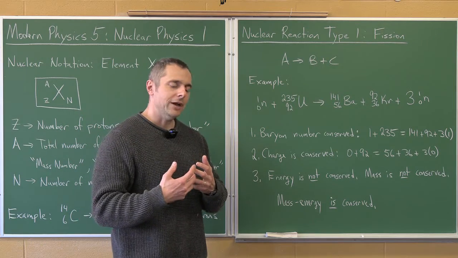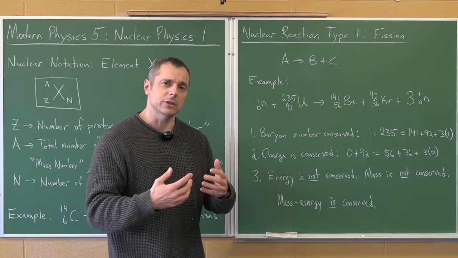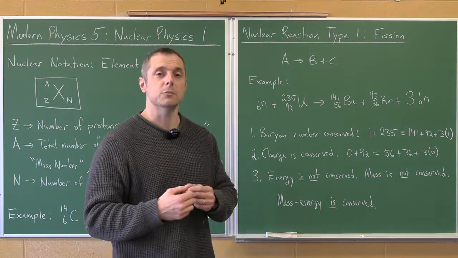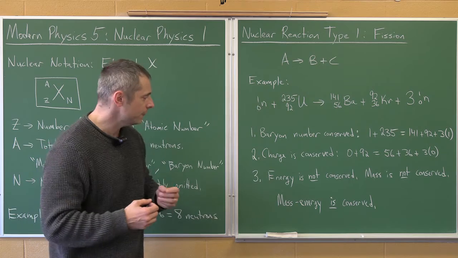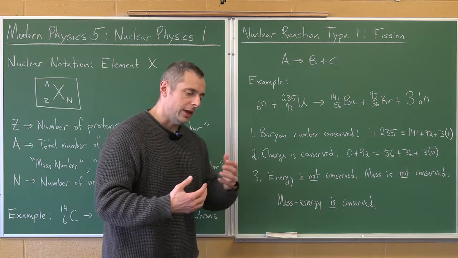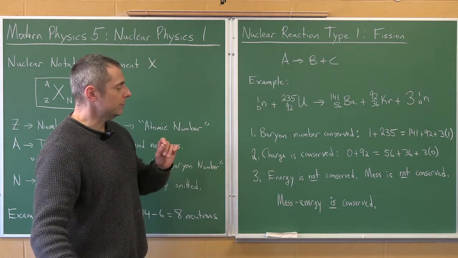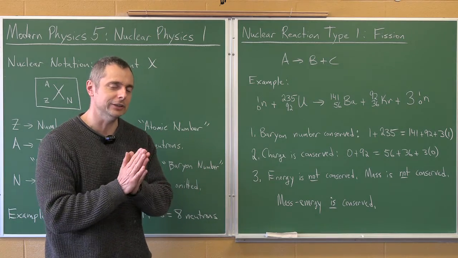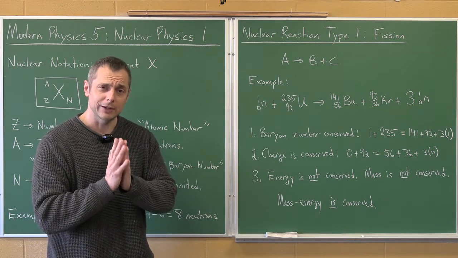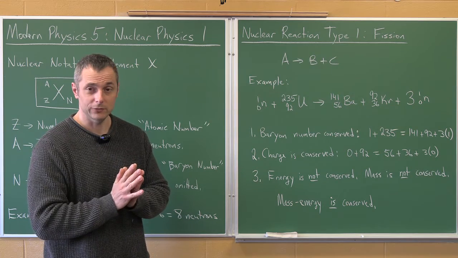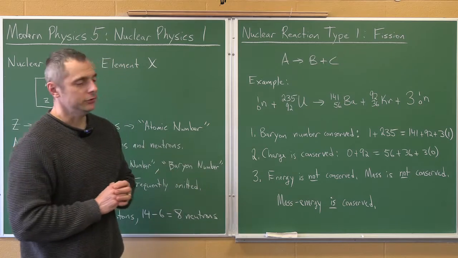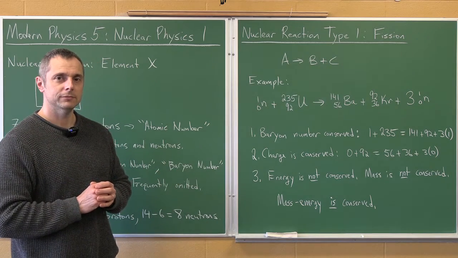But in nuclear reactions, the energy and mass changes involved are suddenly significant, appreciable, so we can actually measure them. So mass and energy are not conserved independently, but something called mass-energy is. The two together are actually linked, and we'll talk about that in the next nuclear physics video. But let me create a pause to give you a chance to copy these notes down.